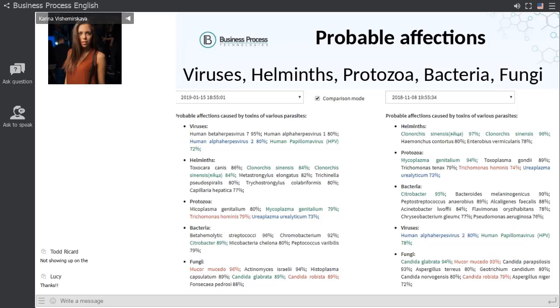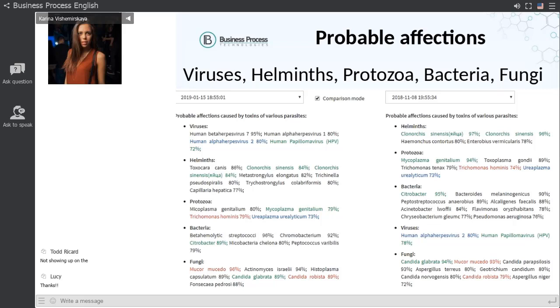It was a certain type of parasite. For example, from these 100 people, 95% had this conclusion because of this parasite. 80% had this conclusion because of the other type of parasite. That's how it's done. That's how we calculate the percentage.